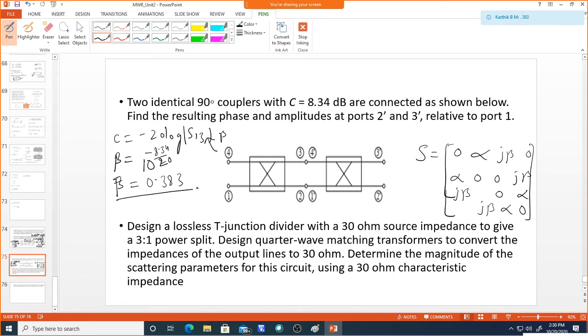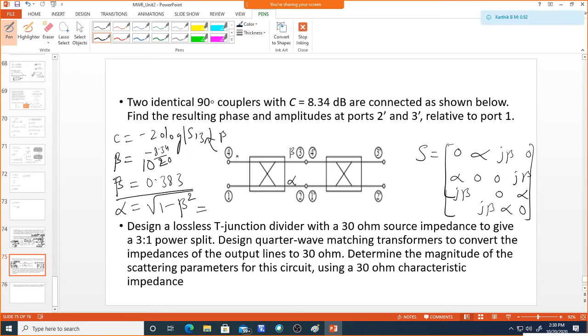Yes, 0.383. Similarly, you can find alpha, which is the square root of 1 minus beta squared. Whatever power is coupled, the remaining power gives the alpha value. For example, if this is the coupled port, the coupled power goes as beta here, and the remaining power will be alpha here.